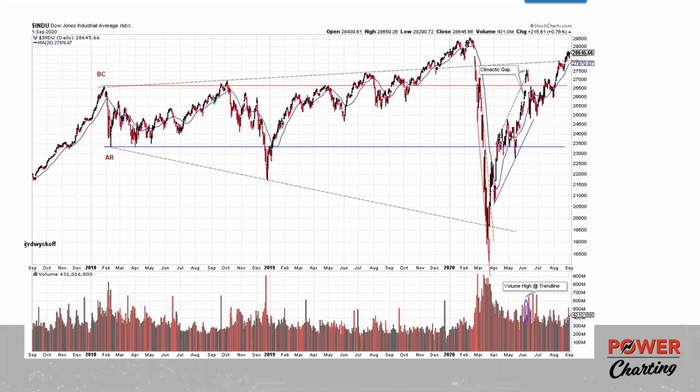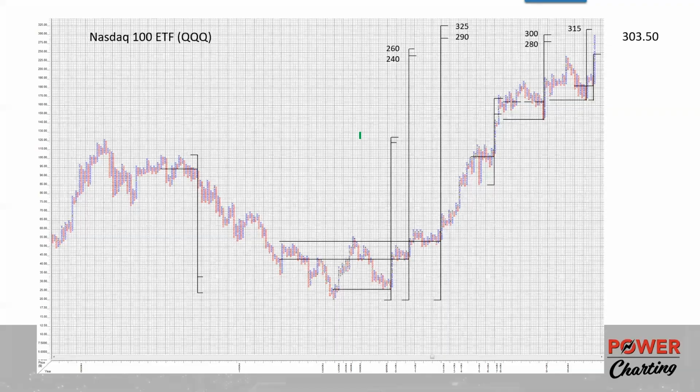Here is the Dow on a daily basis. Here's the throw over, and now we're getting weakness. Very interesting if the Dow goes back below this expanding trend line, and then turns below the moving average, whether or not there is weakness back into this trading range area.